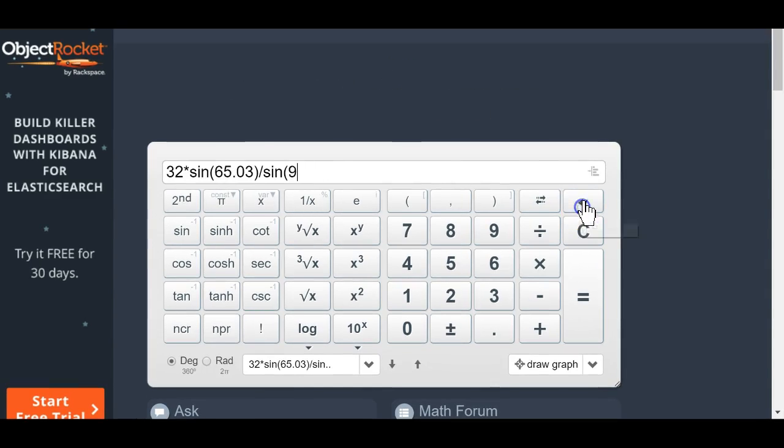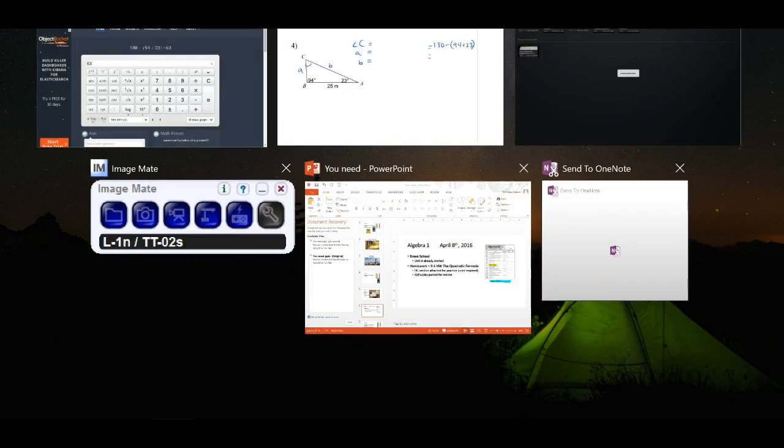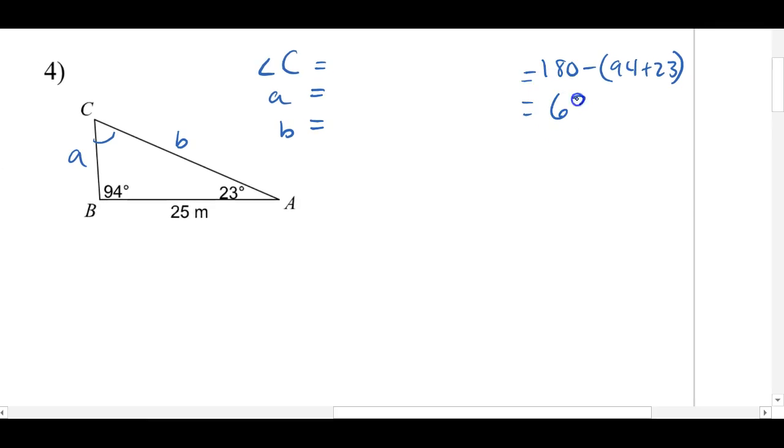Okay, so 180 minus 94 plus 23. We get 63. So first angle is 63 degrees. Okay, so now we just need to find that little a and little b.